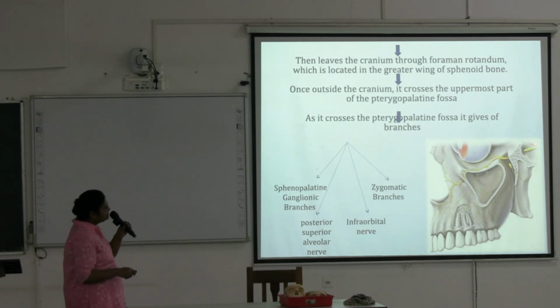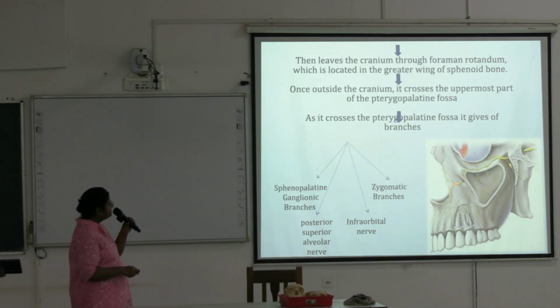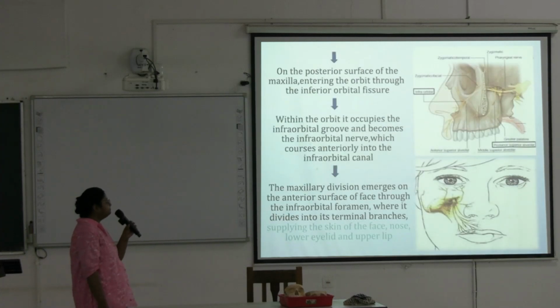Here, see, this is coming out through the foramen rotundum. After that, it is giving those branches: infraorbital branch, posterior superior alveolar branches, okay, and zygomatic branches will be there.